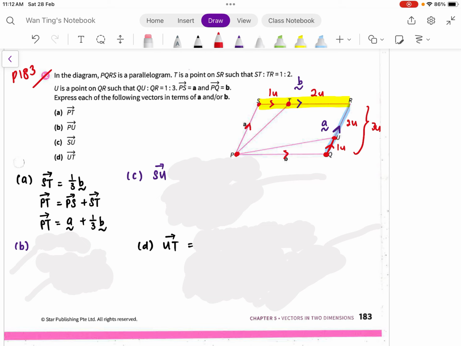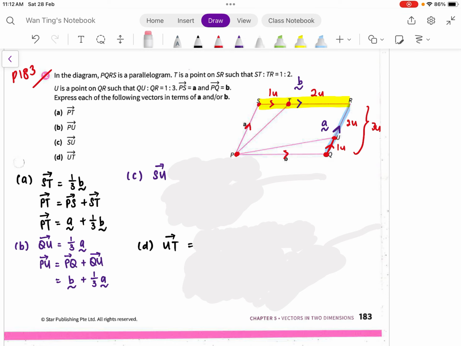That will be 1/3 of A. Take a look at that. QU is 1/3 of vector A. And with that, P to U is P to Q, Q to U, vector B plus 1/3 A.